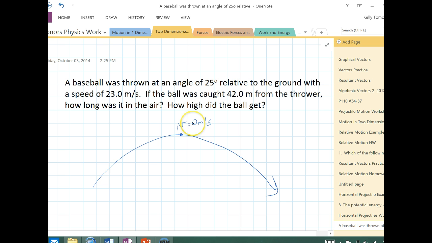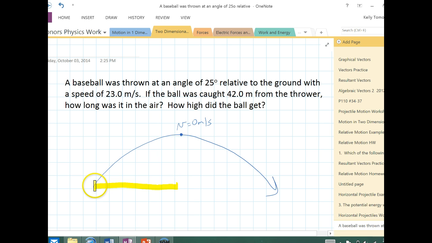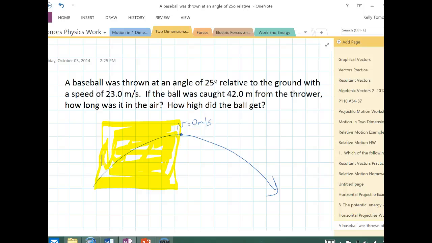Now we can use that to our advantage. We know the ball's not going to stop there, but we could just look at this much of the motion, and then that velocity we could call our final velocity.